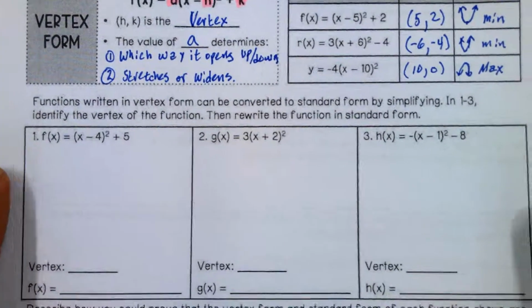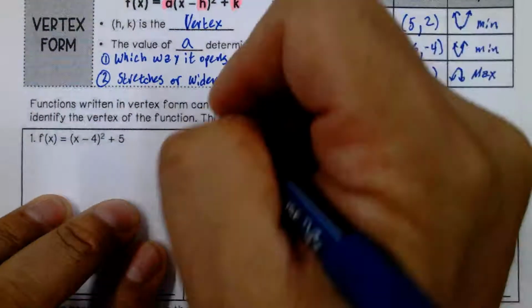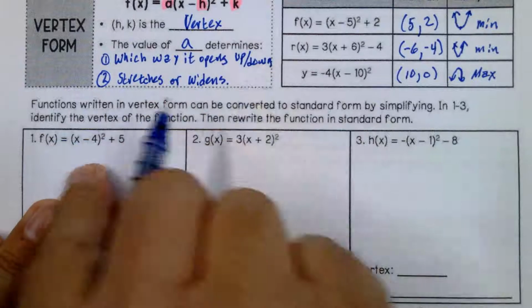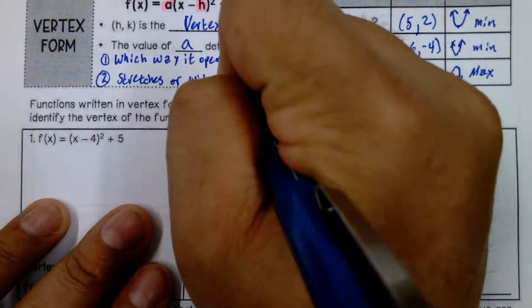Let's move on to something else about this vertex form. Functions written in vertex form can be converted into standard form. So guys, we're going to want to convert these from this form to standard form. Let me remind you what standard form looks like.